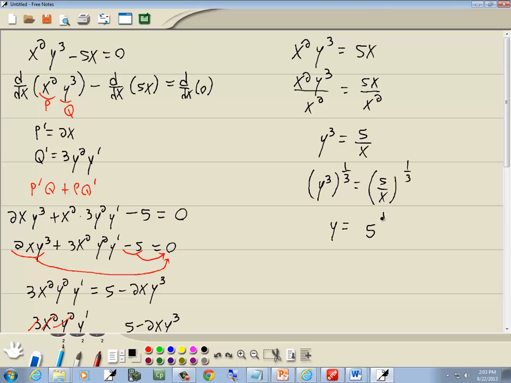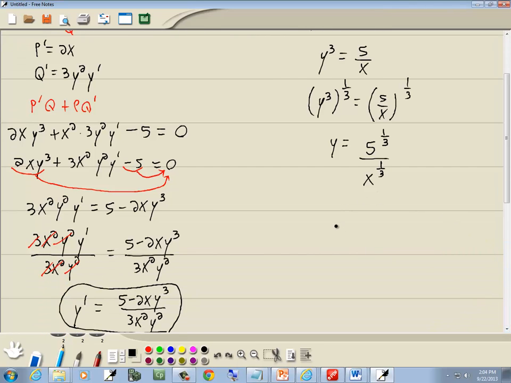So we'll take the 5 to the 1/3 power, and we'll take the x to the 1/3 power. Now 5 to the 1/3, that's the cube root of 5. So we write it back in that form. This x to the 1/3, though, I'm going to take it and move it up on top, and it becomes x to the negative 1/3.